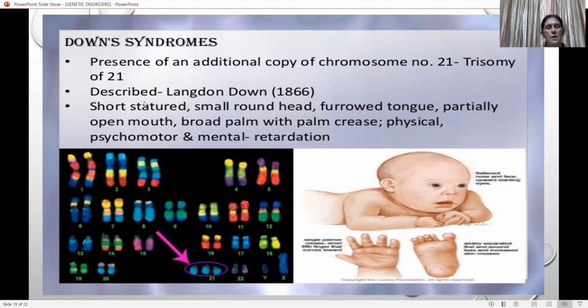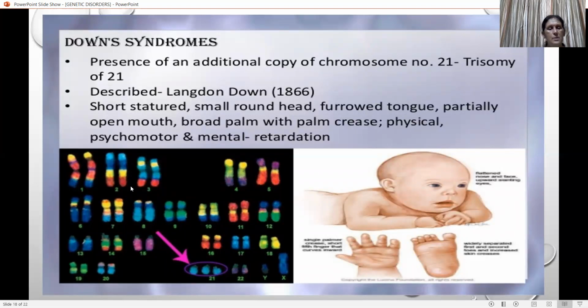Short stature, the body is very short, a small round head, furrowed tongue, partially open mouth, broad palm with palm creases, and physical, psychomotor and mental retardation.